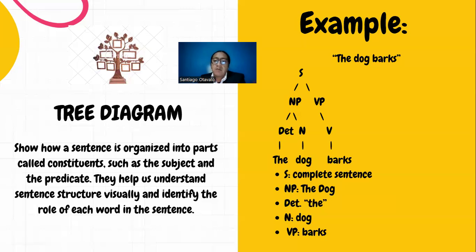In this part, we have the dog. The determiner is the, and the noun is dog. The other part of the sentence is the verb phrase. In this case, there is only the verb, which is barks, represented by the letter V.